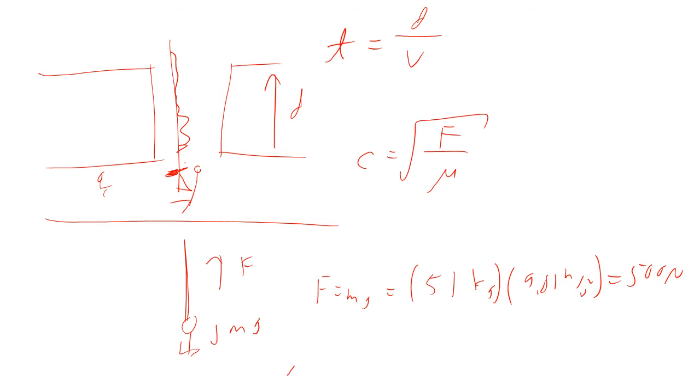And what is mu? Mu is the mass per length of the rope. So I said that the rope had a mass of 1.75 kilograms and a length of 25 meters. So this comes out to be 0.07 kilograms per meter.